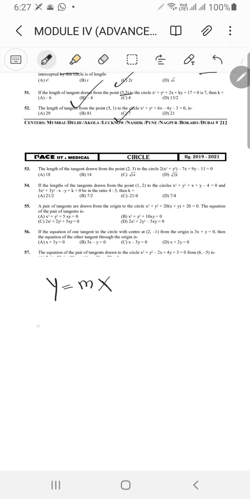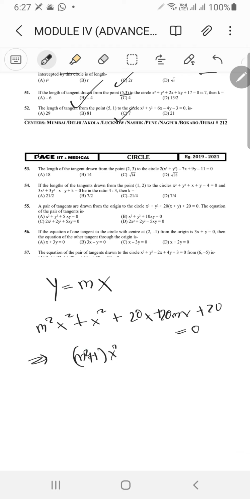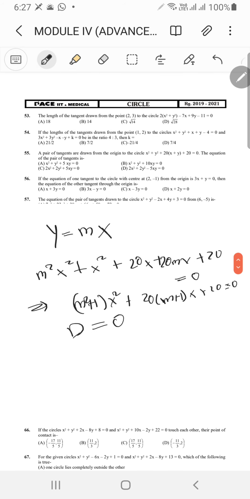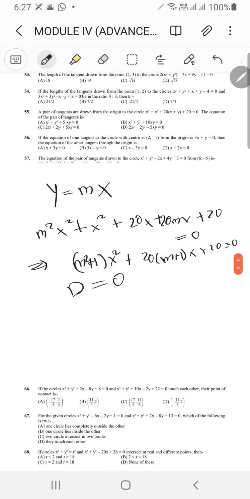Put that over there. So this is going to be m squared x squared plus x squared plus 20x plus 20m into x plus 20 equal to 0. Plus 1 into x squared plus 20 into m plus 1 into x plus 20 equal to 0, right? And we should have D equal to 0 because we want exactly one solution if this is a tangent.